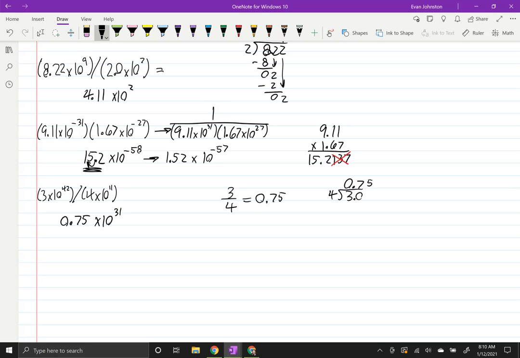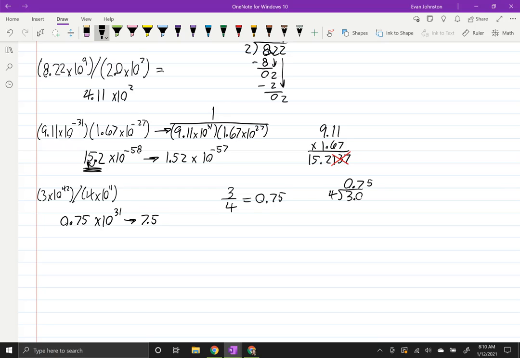So we end up having 0.75 here, and I know I am ignoring my sig figs. I know that this has 1 and this has 1, but I don't want to leave it as 8 right now personally, just for sake of example. But again, this is not in scientific notation anymore. We don't have 1 non-zero digit before the decimal, so we have to write this as 7.5.